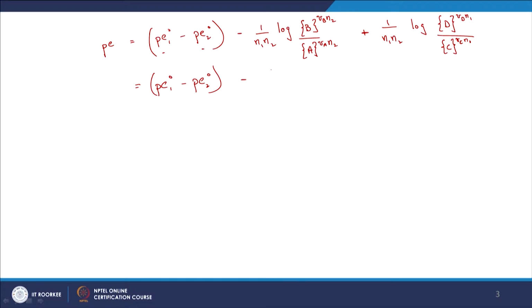So, if I say it is minus 1 by N1 N2 log, it is still going to be activity of B by activity of A, and here it is going to be equal to activity of C by activity of D raised to the relevant stoichiometric coefficient times N1.